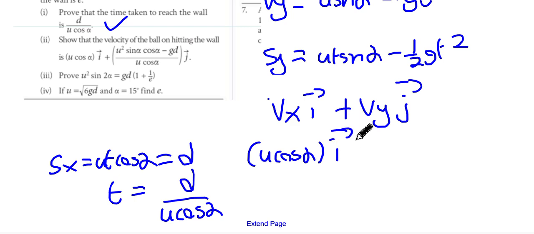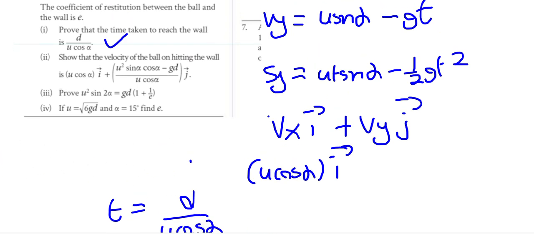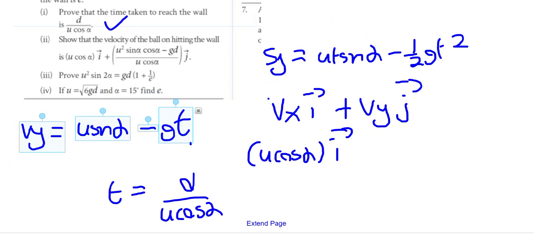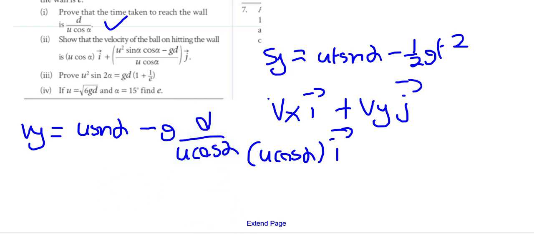It doesn't change, but phi y will change because you're subbing in a different t value. So where is phi y? There's phi y here. And all I'm going to do is take out that t and replace it with d over u cos alpha. I think they just give it a common denominator to make it look fancy. That's all they do.